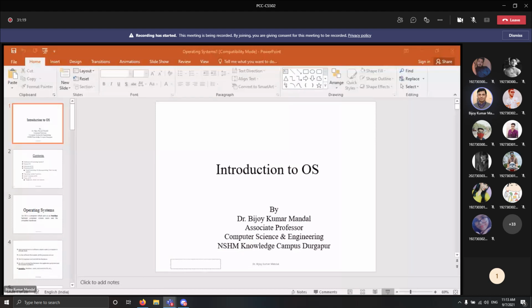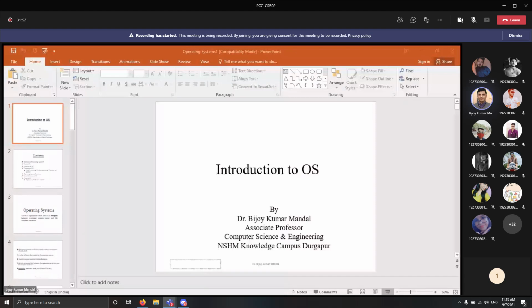So in this module we will discuss the definition of the operating system, goal of the operating system, structure of the OS, evolution of OS, batch programming, multi-programming, time sharing and the difference between them, operating system functions, what are the main functions of the OS, and types of the OS.